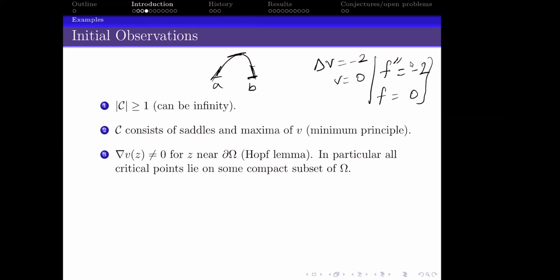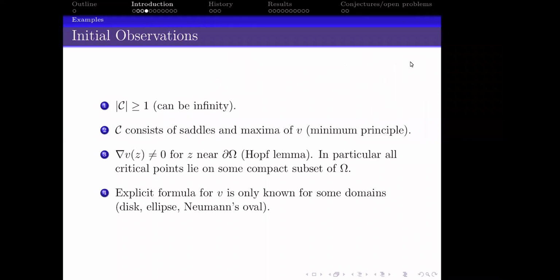So in particular, since the gradient does not vanish near the boundary of the domain, if at all there are critical points, all of them have to lie in some compact subset of omega. Is that okay? And so you might be tempted: we have the disk, we wrote down an explicit formula, there is an annulus, maybe we do radial solutions, write down the PDE and solve it explicitly, but only in some domains can you write down an explicit formula.